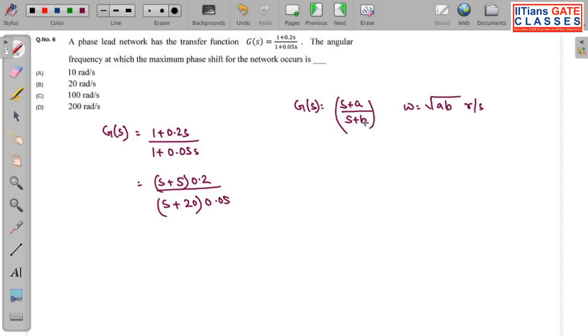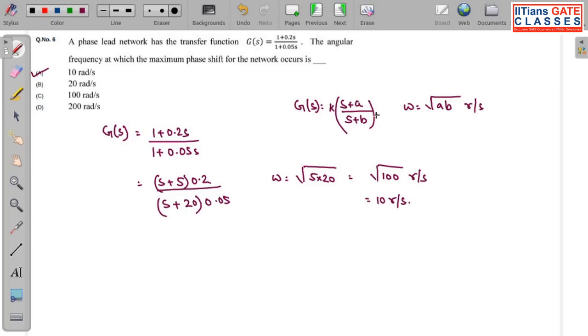I should also be writing K, the system gain, but we don't need to solve for it. So for omega maximum, it should be the square root of 5 into 20, which is the square root of 100, equal to 10 radian per second. So the answer to this question was 10 radian per second.